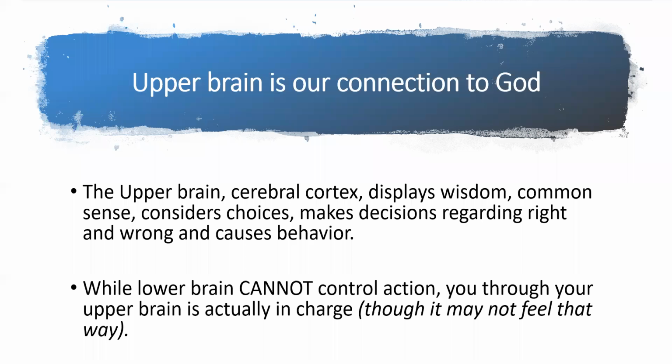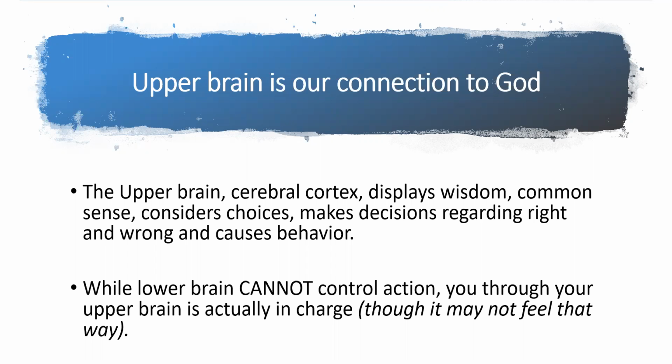Our upper brain, however, the higher brain, is our connection to God through our conscientious nature and our capacity for unselfish love, all the things that make us really a human being: wisdom, the capacity for higher levels of judgment and common sense. That's what's really in charge. That's who you really are.